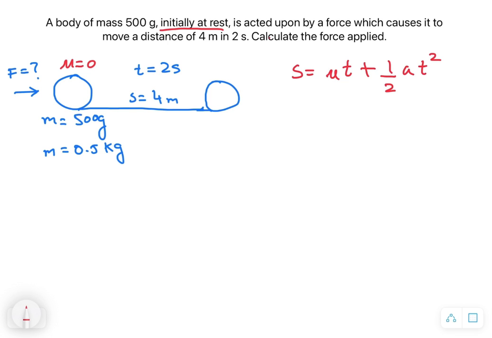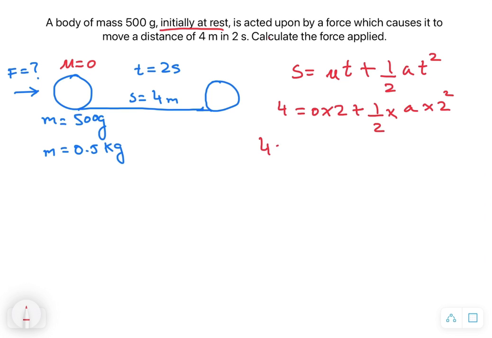Let us substitute the values. So 4 equal to 0 multiplied by 2 seconds plus half multiplied by a, which is what we need to find right now, multiplied by t square, that is 2 square.